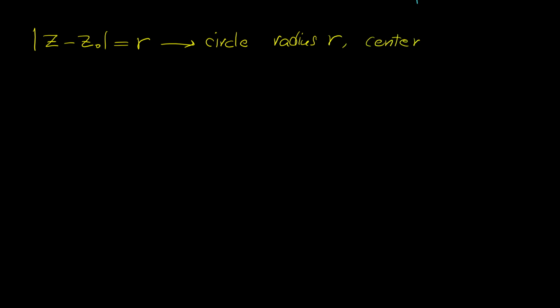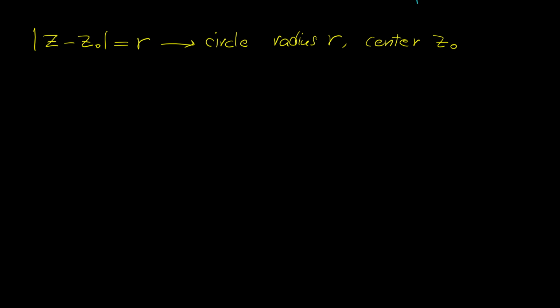Before I show you more examples, let me prove for you why absolute of z minus z0 equals r shows a circle with radius r and center of the circle is z0. We talked about geometric interpretation for absolute value, but here I want to give you a proof that whenever we have an equation like this, we can prove for ourselves that this shows a circle.